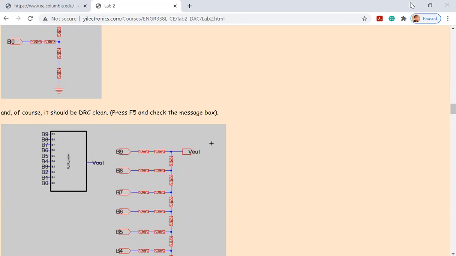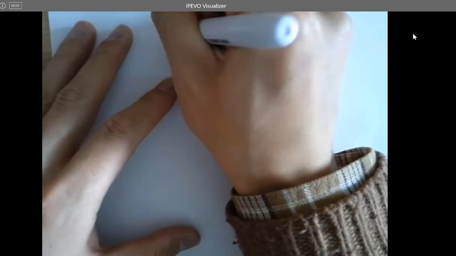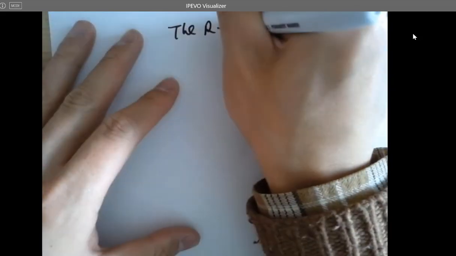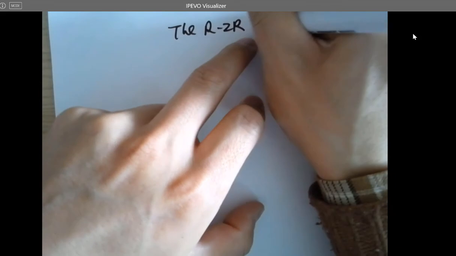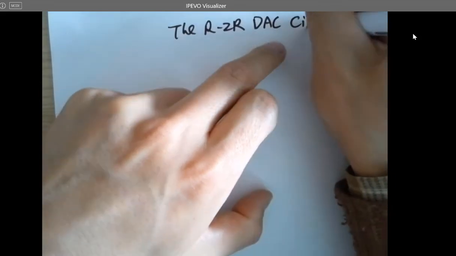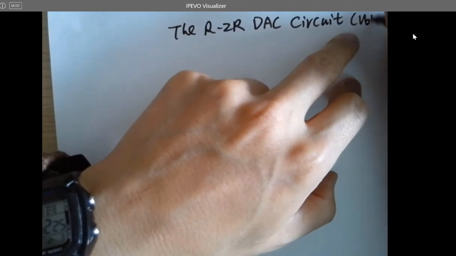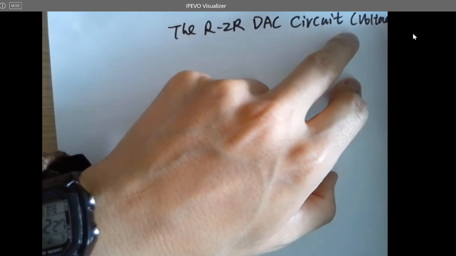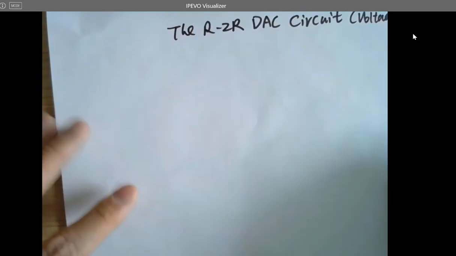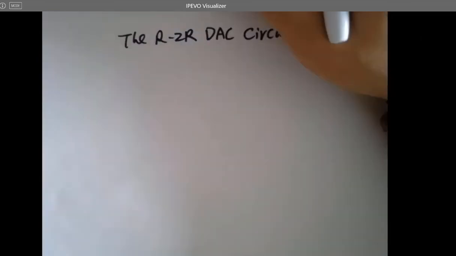And now let's take a look at why it works, right? So what's the theory behind it? So it's an R2R ladder. There are tons of different types of DACs.